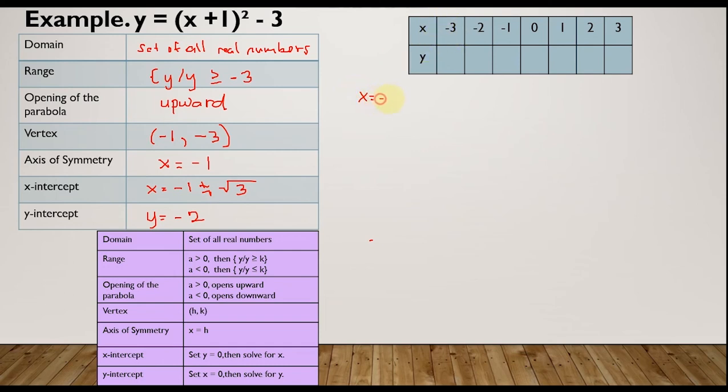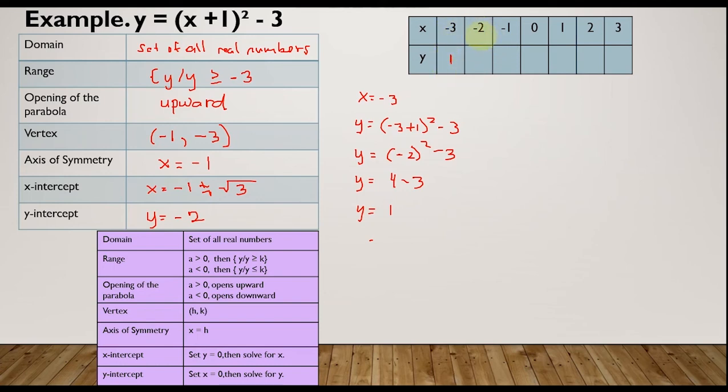We're going to have y equals (negative 3 plus 1) squared minus 3. So y equals negative 2 squared minus 3. Y equals 4 minus 3. Y equals 1. So this will be your y if x is negative 3.